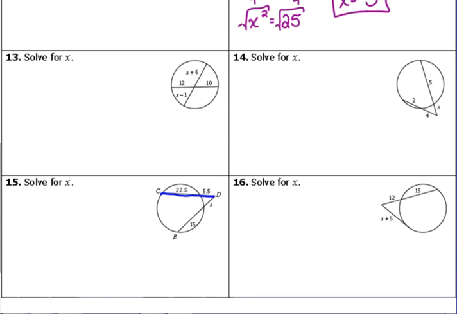All right, so this is the little piece times the whole, so 5.5 times 5.5 plus 22.5 is equal to the other one. The little piece was x. The whole would be x plus 15.